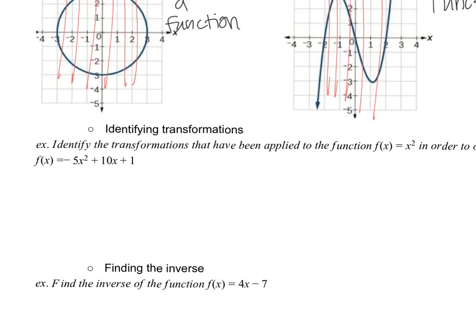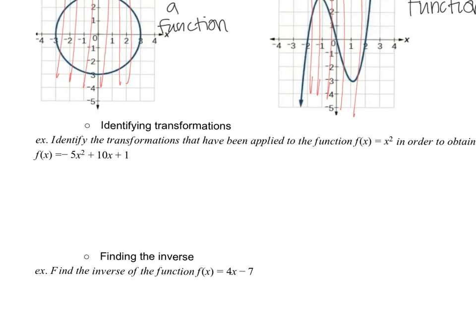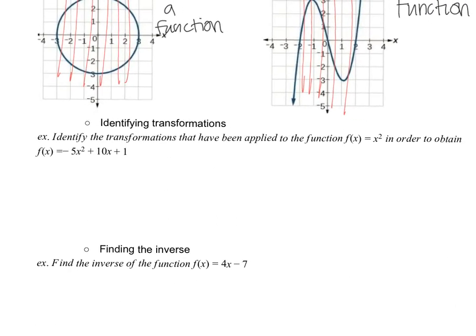So next, I want to identify the transformations that have been applied to the function f of x equals x squared in order to obtain f of x equals negative 5x squared plus 10x plus 1.